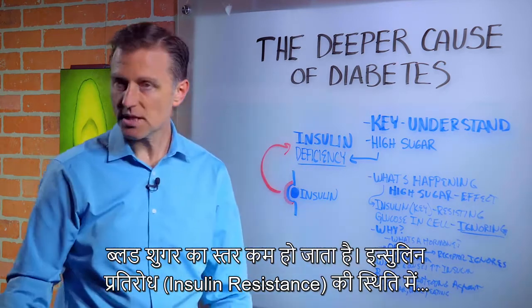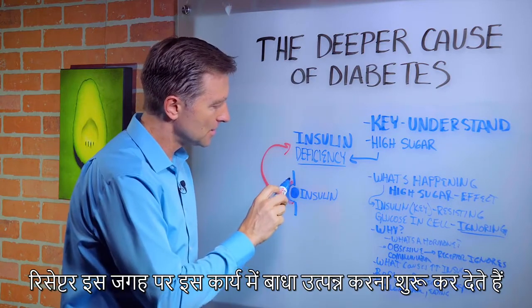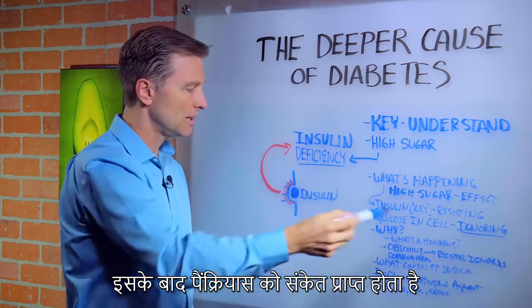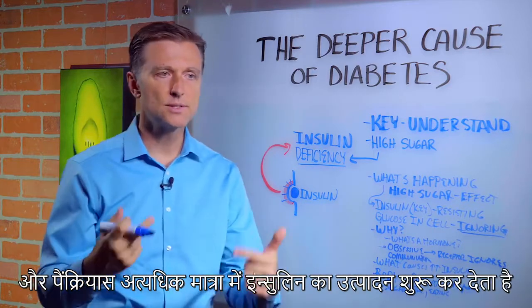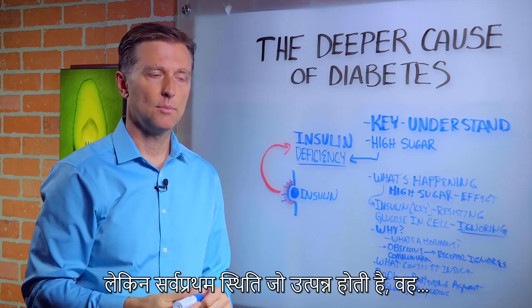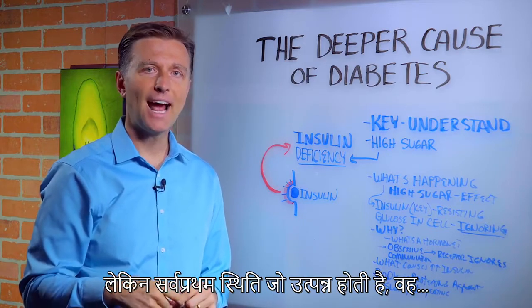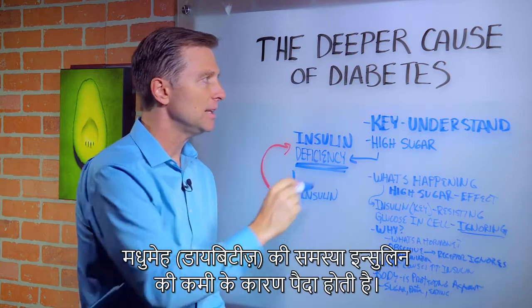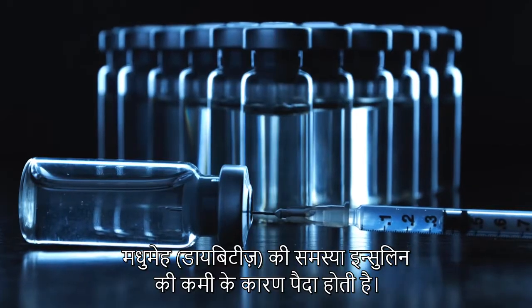So with insulin resistance, the receptor starts blocking right here. And then a signal is sent to the pancreas, and of course, it's going to start making more and more insulin so we can drive that communication into the cell. But the first thing that happens is an insulin deficiency. So diabetes is an insulin deficiency, okay?